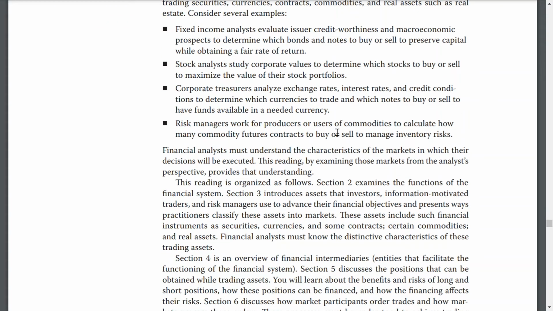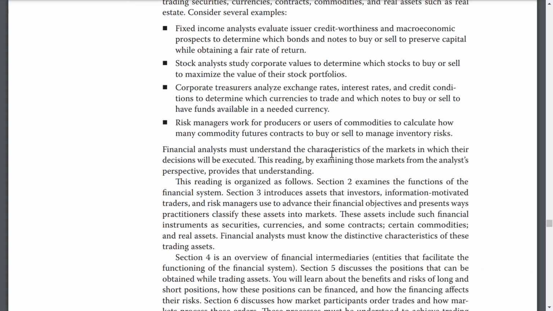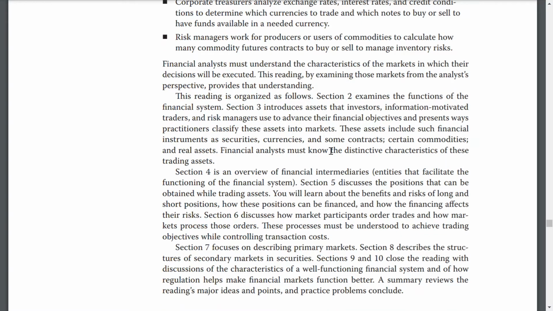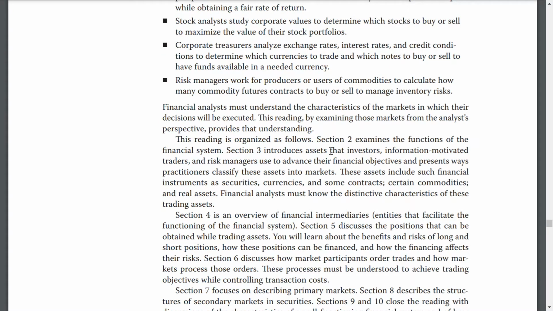Risk managers work for producers or users of commodities to calculate how many commodity futures contracts to buy or sell to manage inventory risk. Financial analysts must understand the characteristics of the market and the ways their decisions will be executed. This reading, by examining these markets from the analyst perspective, provides that understanding.